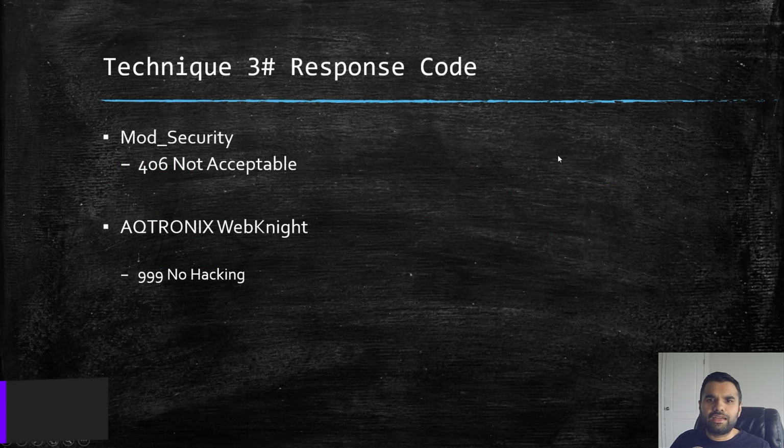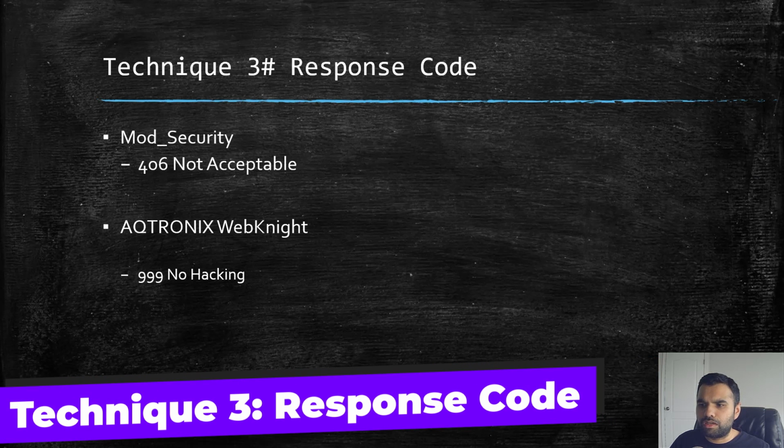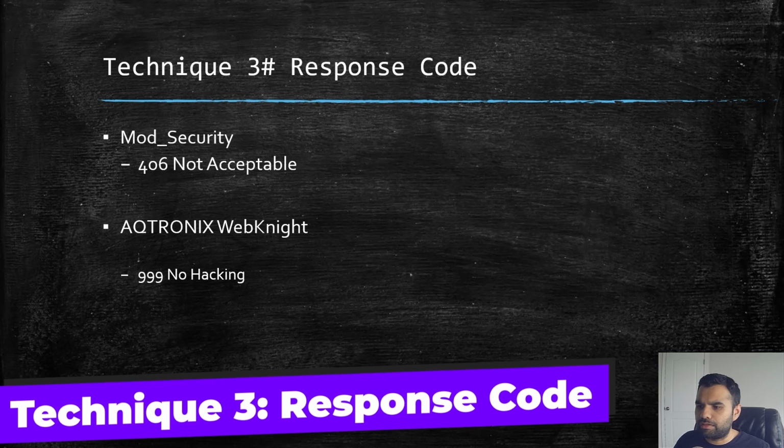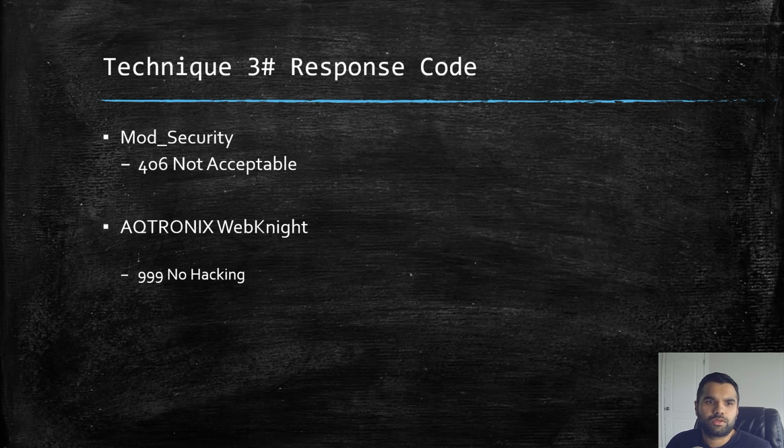The next technique is based on the response code. Now this one is very straightforward. ModSecurity usually sends out the response as 406, Not Acceptable. Another web application firewall says 999, No Hacking, right? Which is very straightforward to understand. You wouldn't see this response code very often in the application.